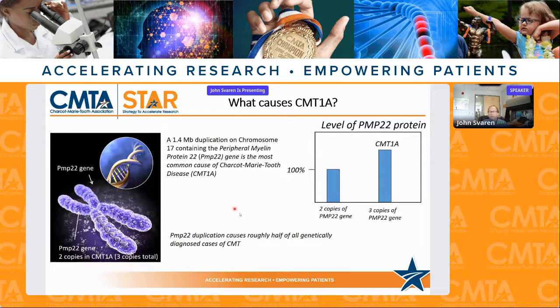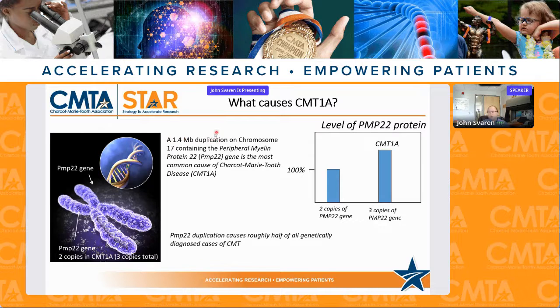So essentially, I'm going to talk mostly about CMT1A during this session. The cause of CMT1A was first established in the early 90s. What they found is that on chromosome 17, there was a duplication event.